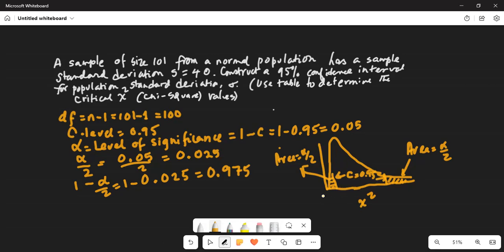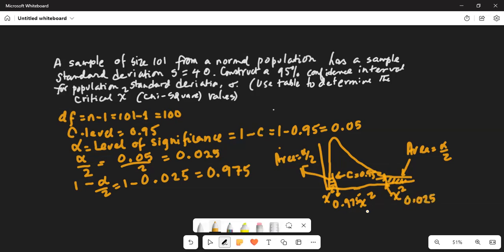So this chi-square is represented as chi-square, and the area to the right of it is 1 minus the area in the left tail, 1 minus alpha by 2, so it is chi-square 0.975. And what about this chi-square? The area to the right of it is 0.025.